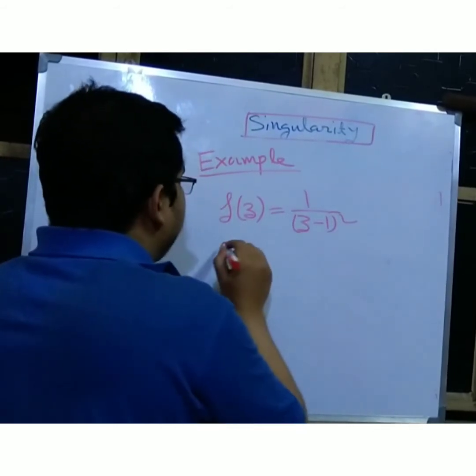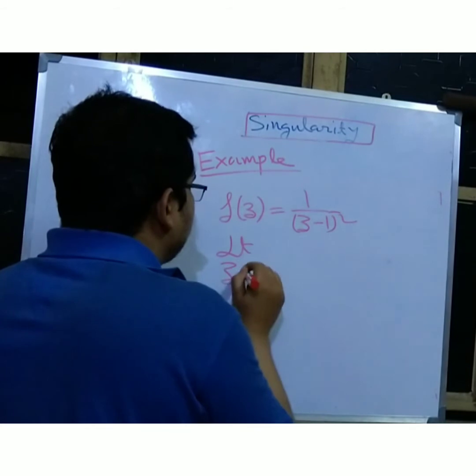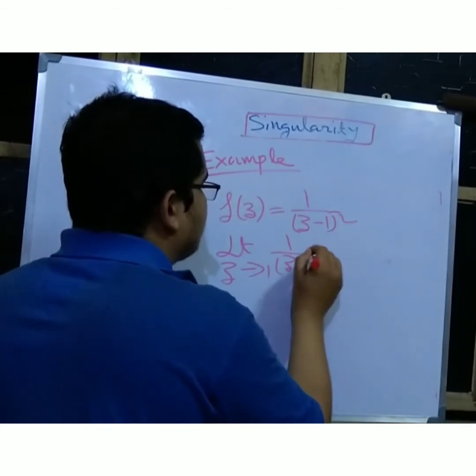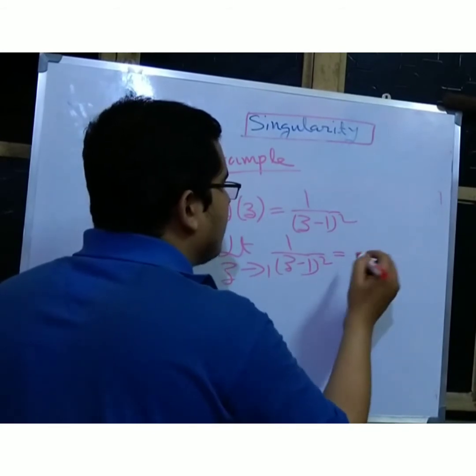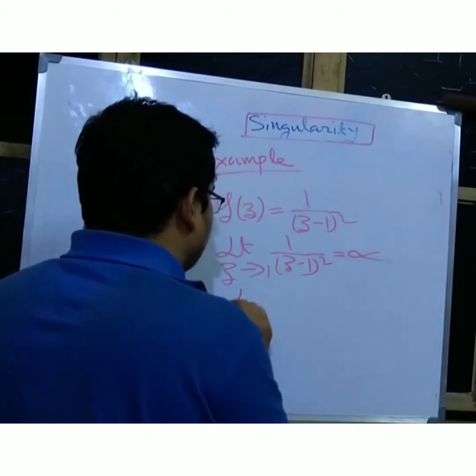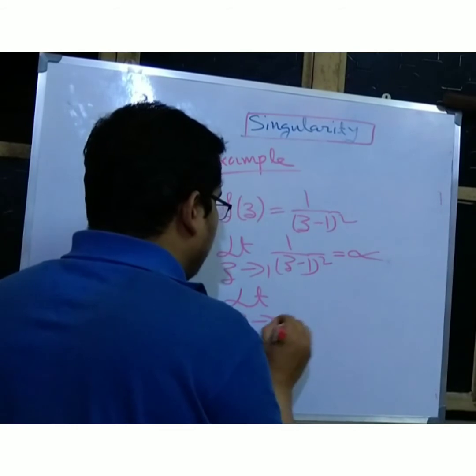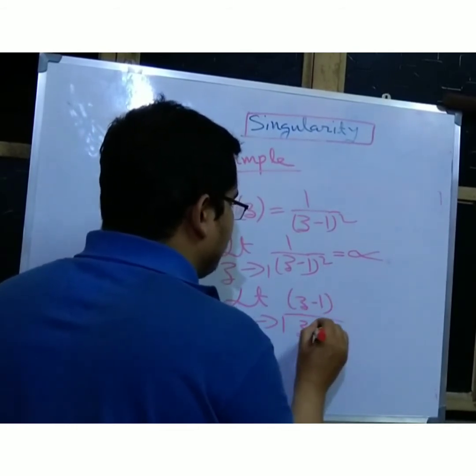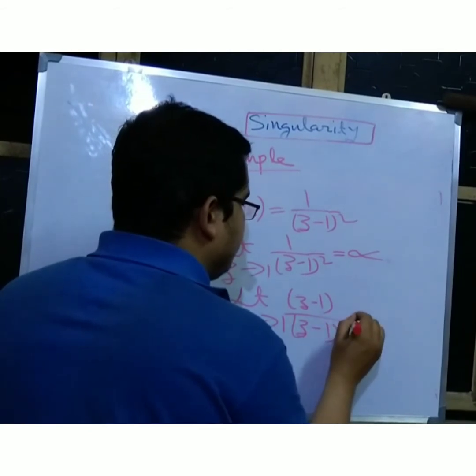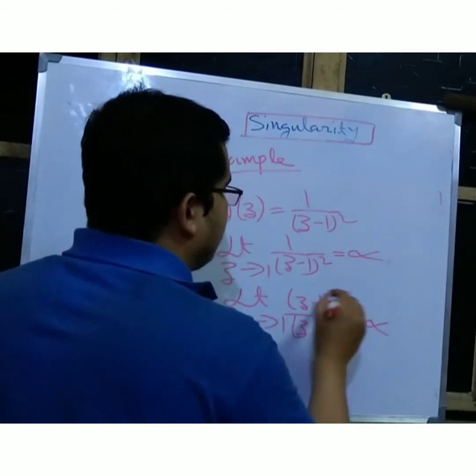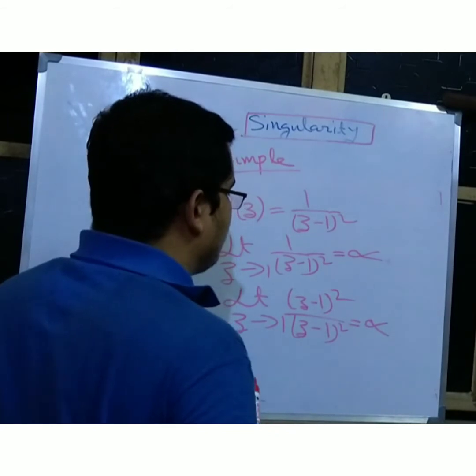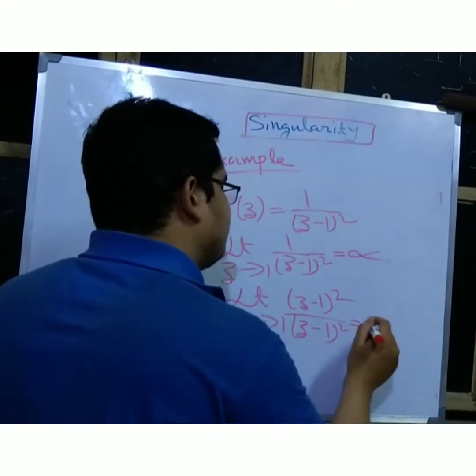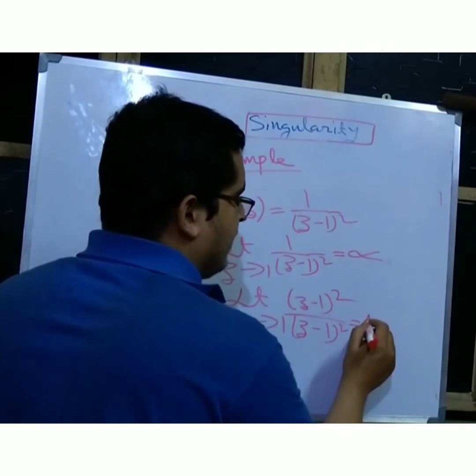See that, friends. Now limit z tends to 1 of (z minus 1) times f(z) gives infinity, because (z minus 1) is not enough to cancel. But if it is whole square, then I will get a finite value.